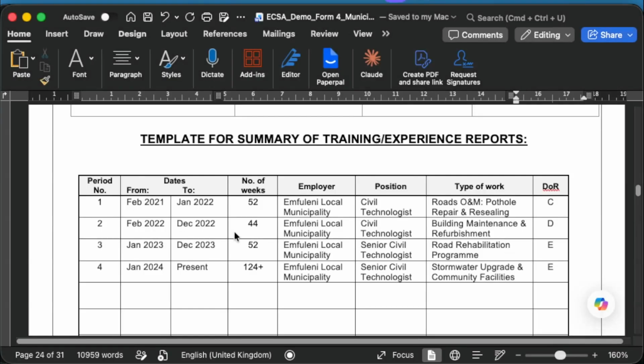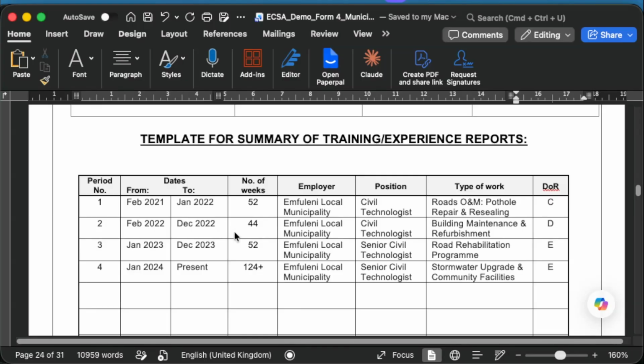In my first video on TikTok, we said let's start with the summary of experience and training. It's always good to start there because it gives you a perspective of how you should map out your experience.